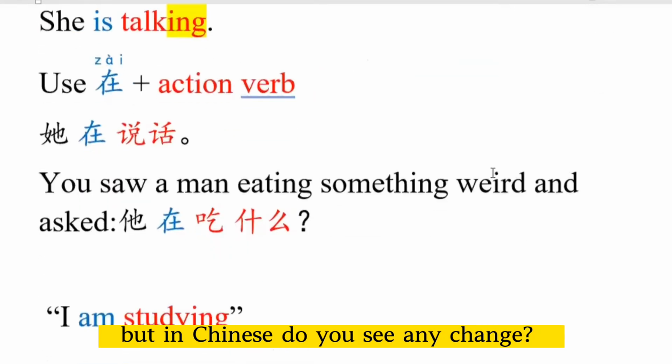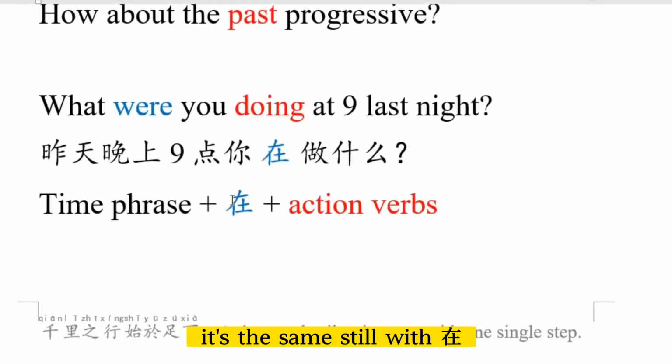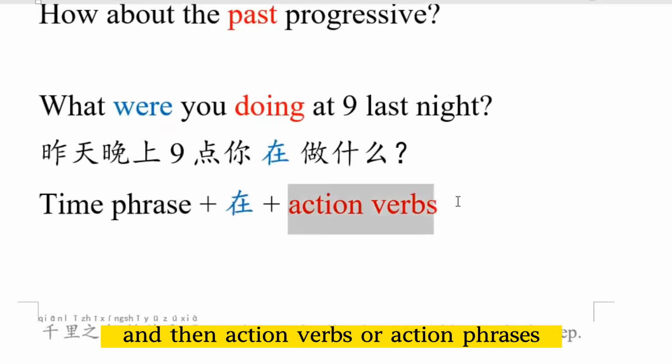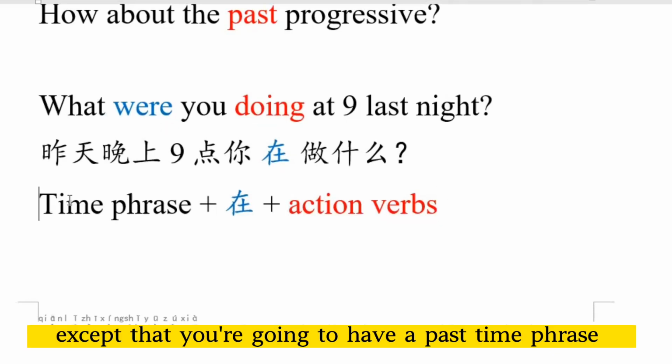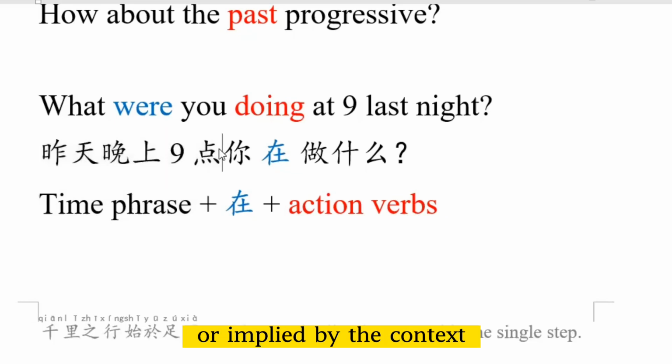But in Chinese, do you see any change? It's the same, still with 在, and then the action verbs or action phrases, except that you're going to have a past time phrase, right?